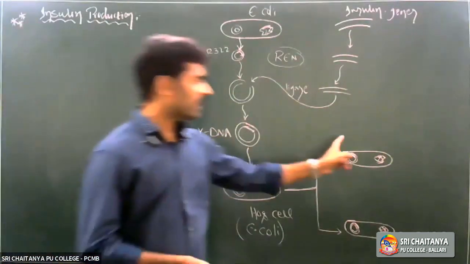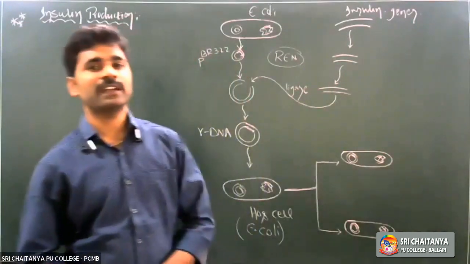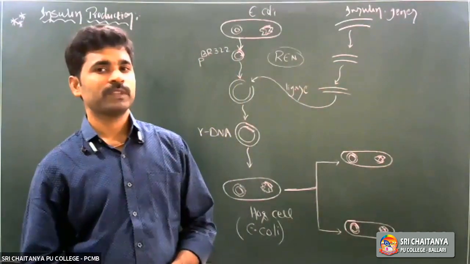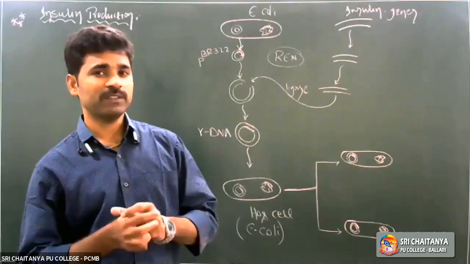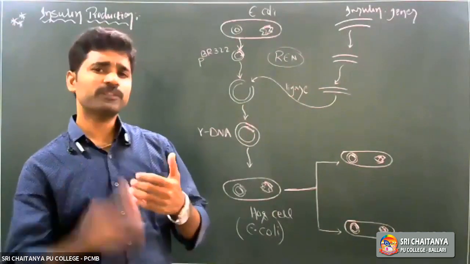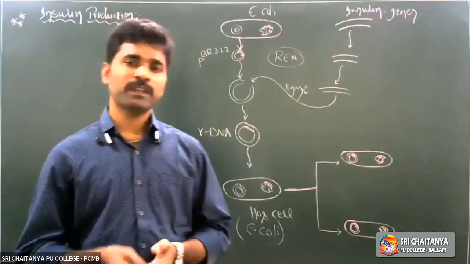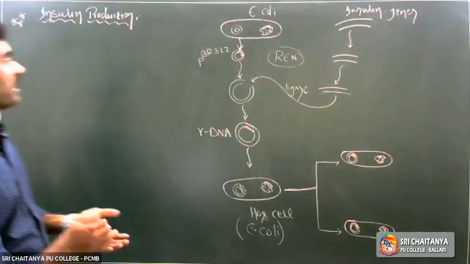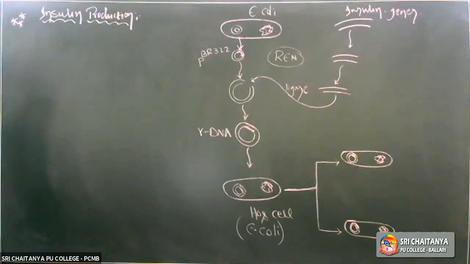Like that, the desirable protein is collected from the bacterial cells. In this way, whether it is a protein, enzyme, or hormone, we collect it from the bacterial cells by using genetic engineering or biotechnology.